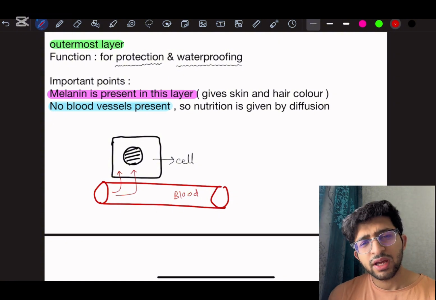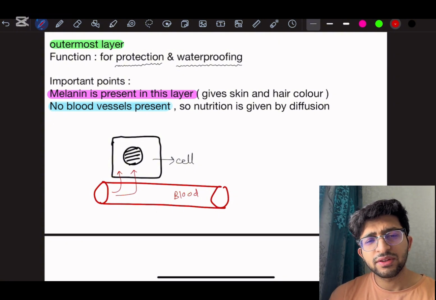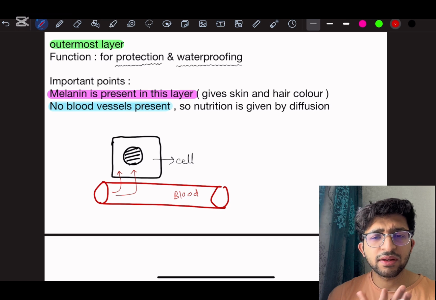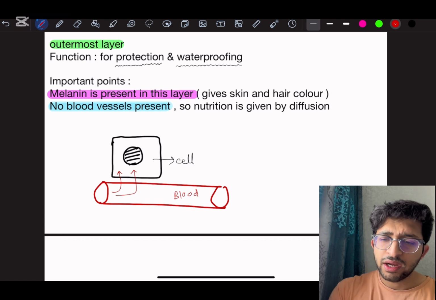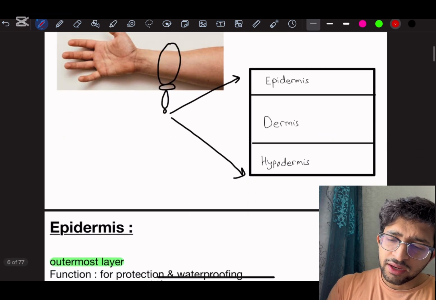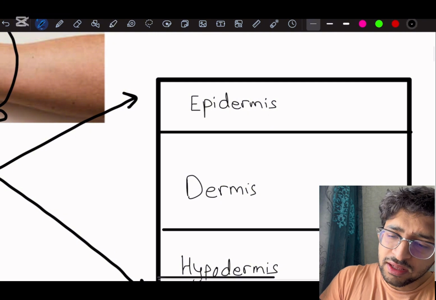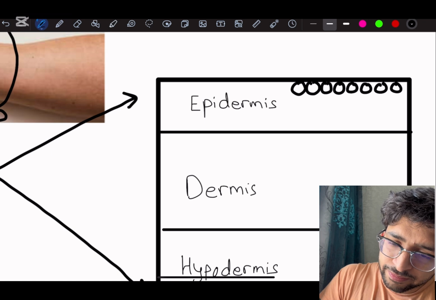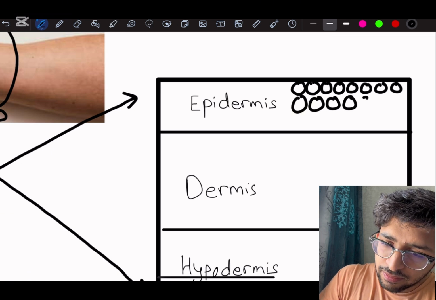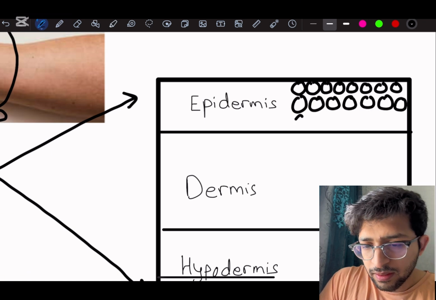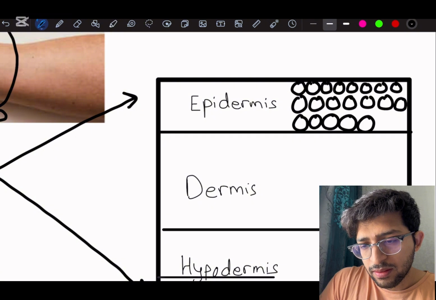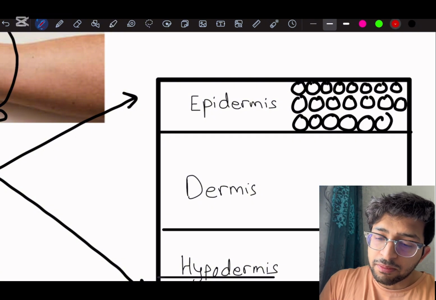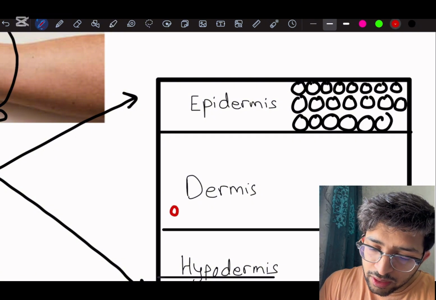So the question arises: how does the epidermis get its nutrition? So for example, if there are cells over here, and here are the blood vessels which are going.